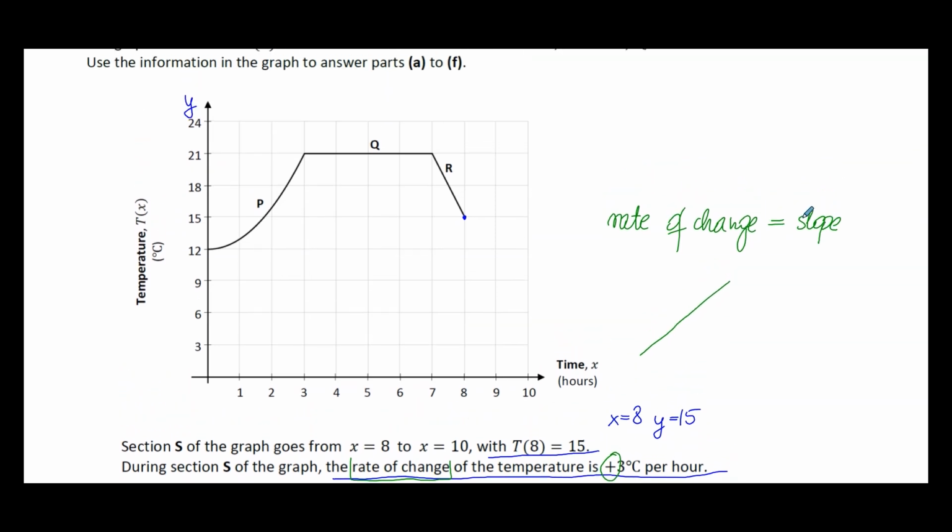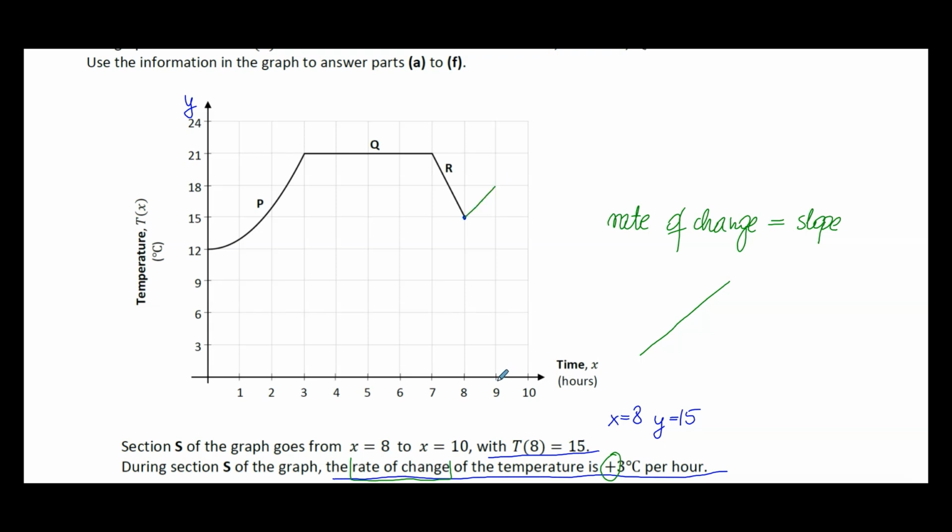Now, if the value of the slope is plus 3, that means with every 1 hour, the temperature will increase by 3. That's what slope means. So from 8 to 9, the temperature will increase by 3, so it will go from 15 to 18.